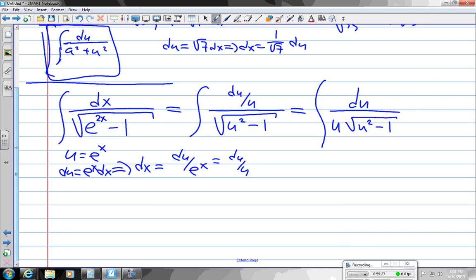So that looks like arcsecant of u. So this is arcsecant of e to the x.